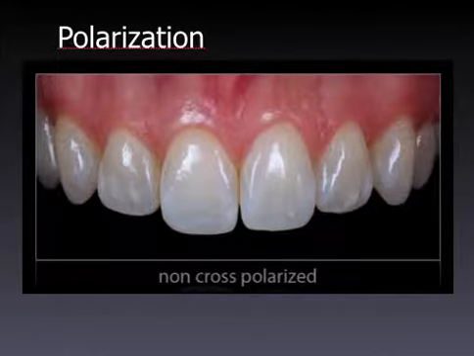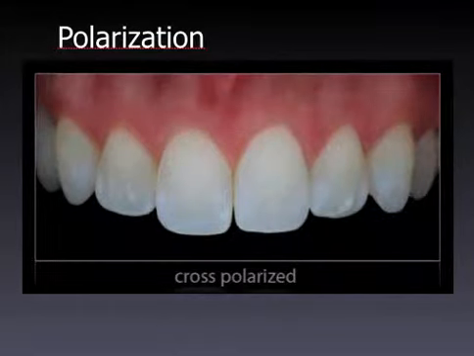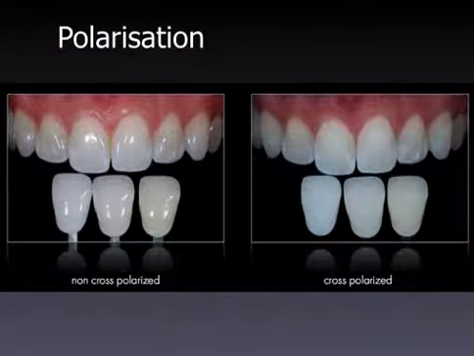Another accessory you may wish to consider if you're doing a lot of restorative work, is a polarization unit, basically to filter out the light so you don't get this specular reflection. The specular reflection is the very white bits, very glossy bits. So it helps with the shade and it helps with the surface texture.